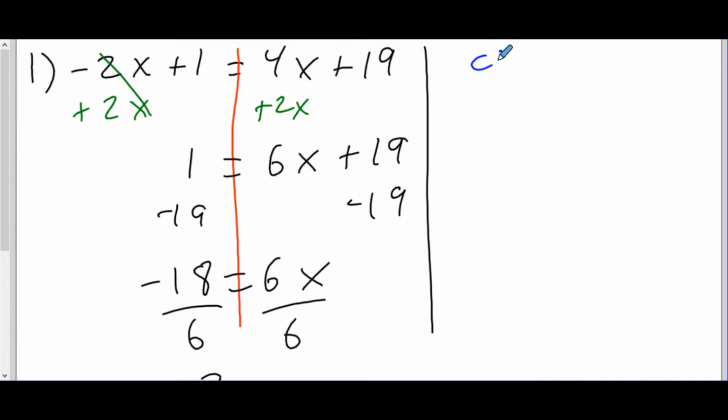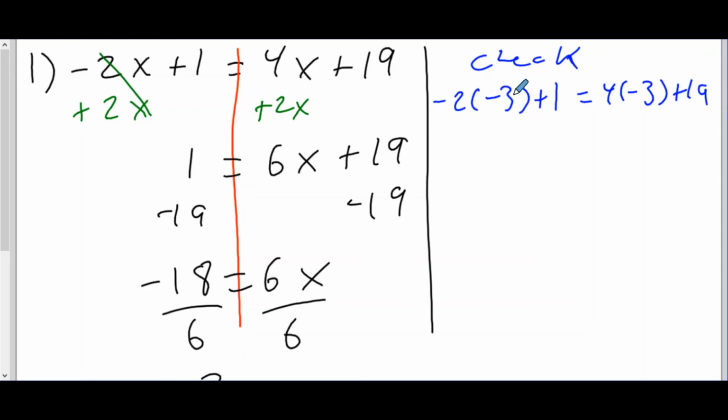So for my check, same as always, I'm going to replace all the x's with my answer of negative 3. So I have negative 2 times negative 3 plus 1 equals 4 times negative 3 plus 19. And again, you'll want to simplify the left side and the right side. And if we have the correct answer, both sides should equal each other.